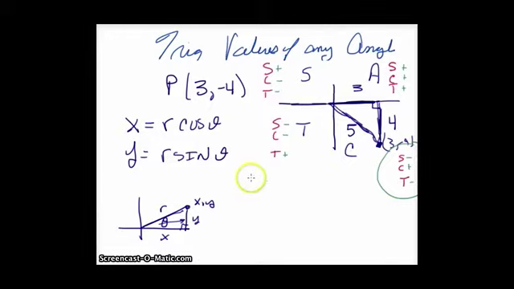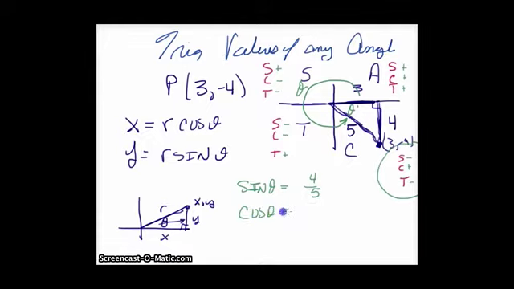Question number 1. Let's do sine of that angle. Sine of what angle? Sine of this angle right here, okay? All right, so this is my reference angle, and this is really my angle. All right, so I'm going to do sine. Sine of theta is equal to opposite, which is 4, over hypotenuse, which is 5.